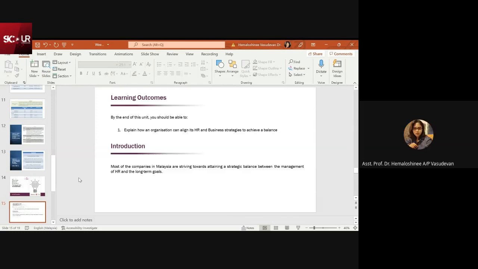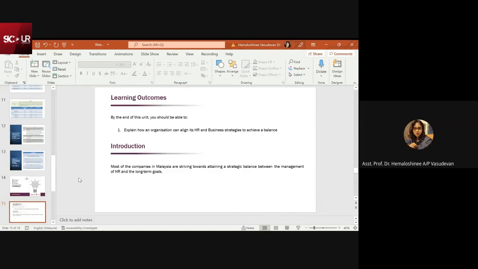Okay, so most of the companies in Malaysia are trying to make their business strategy balanced with human resources to ensure that they can achieve their long-term goals.